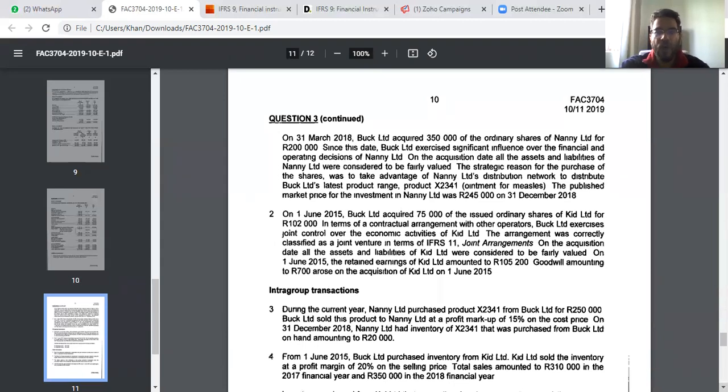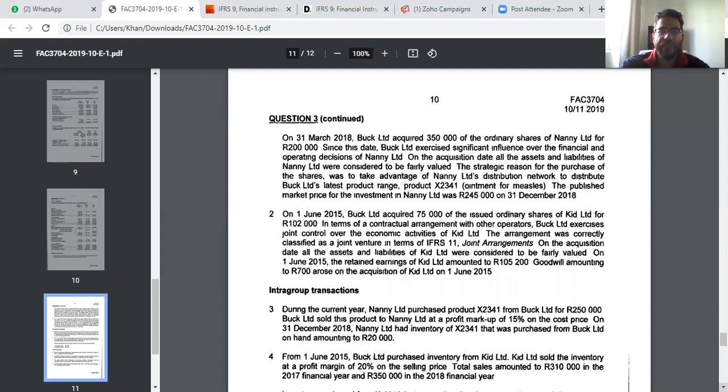Number two, on 1 June 2015, Buck Ltd acquired 75,000 of the issued ordinary shares of Kid Ltd for 102,000 Rand. In terms of a contractual arrangement with other operators, Buck Ltd exercised joint control over the economic activities of Kid Ltd. So there we have a contractual arrangement that gives us joint control.